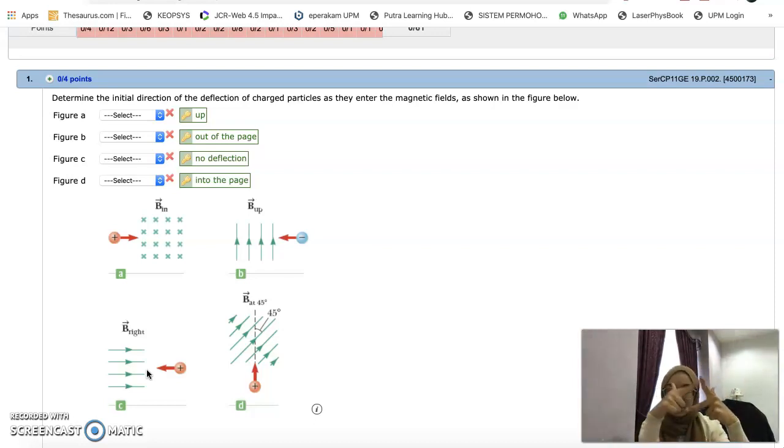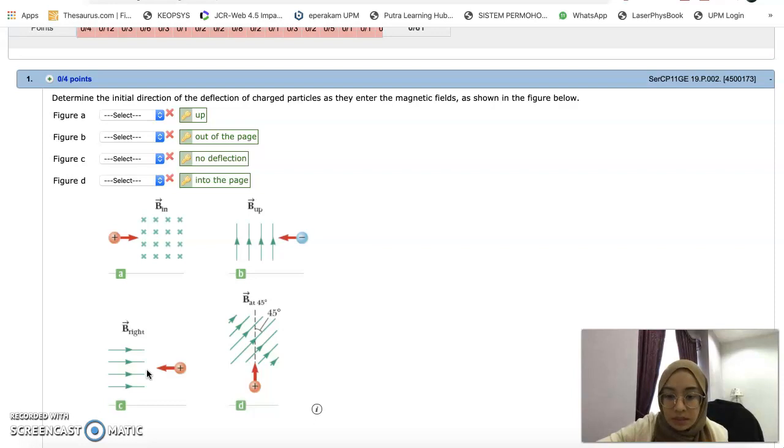Look, this is 90 degrees. If your charged particle and B are in parallel, in the same plane, there is no magnetic force. So that is something to remember. Your V and B should always be 90 degrees. If they are in the same plane, no force is produced.